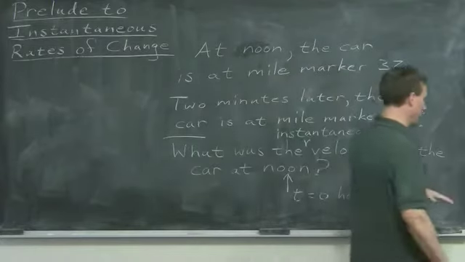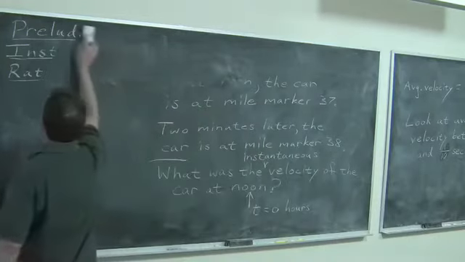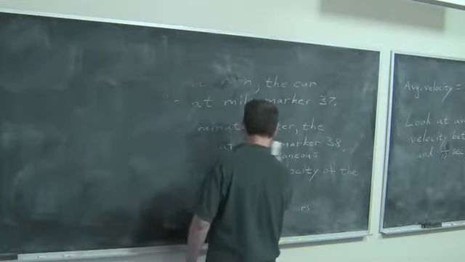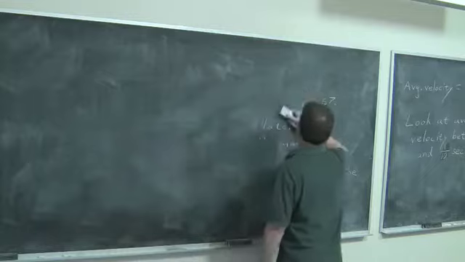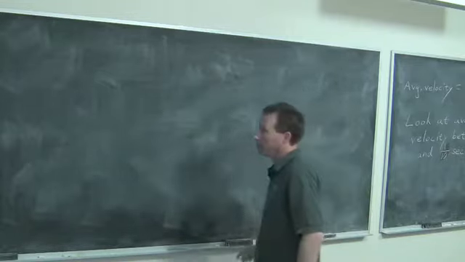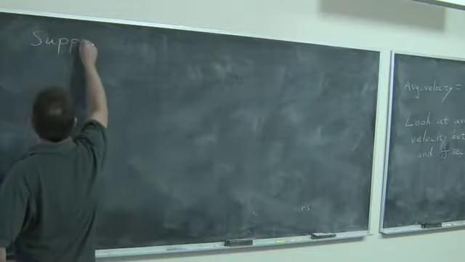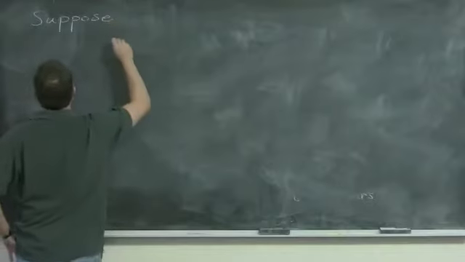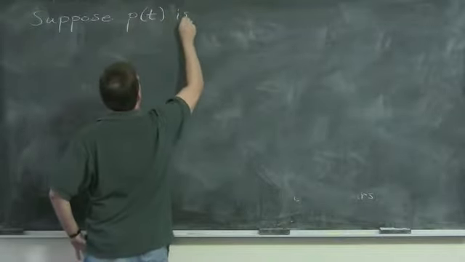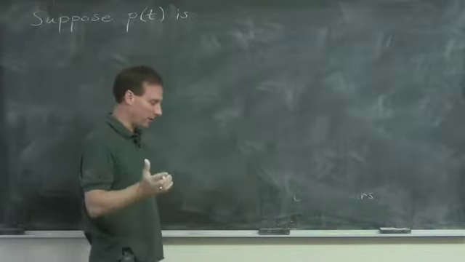So it will help if I write some more things at this point, but let me try to make this more clear by writing more math. Suppose, let's pick on the metric system. Suppose P of t is the position of anything on a straight line where we've laid out a coordinate axis.